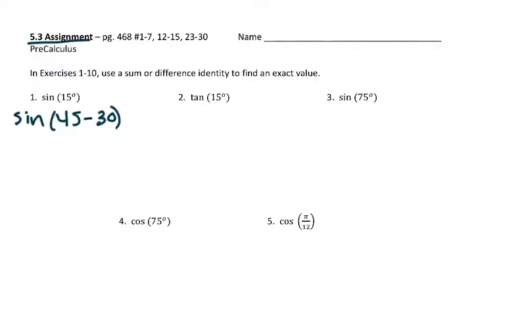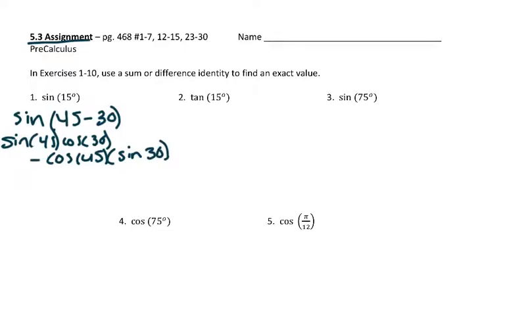So here we are, sine of 45, and then cosine of 30, and that's going to be added to cosine of 45 times sine of 30. And sorry, that's supposed to be minus.